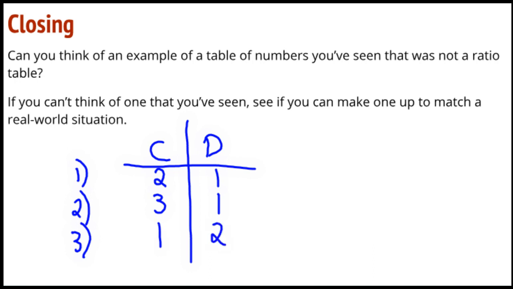So there's a table of information, cats and dogs, that doesn't have equivalent ratios. So it's really important that we don't overgeneralize. We don't just look at a table and say, oh, every table that we ever run into is a ratio table, because that's not true. We have to make the decision to examine the table and ask, is this a table of equivalent ratios?